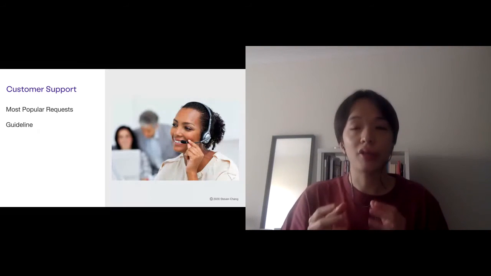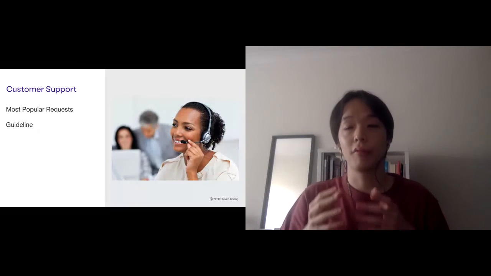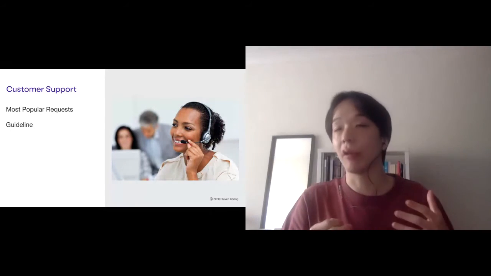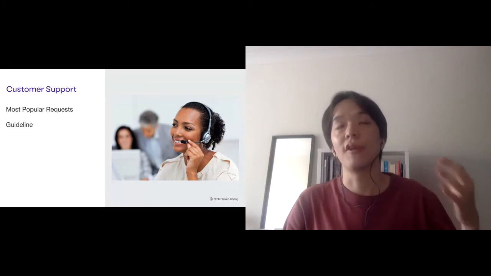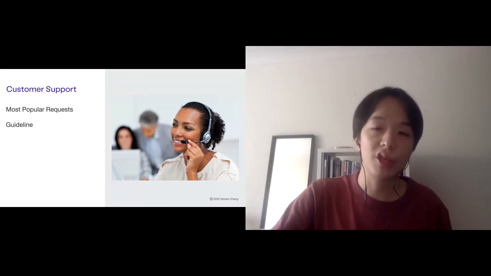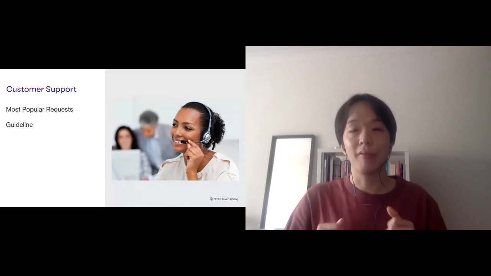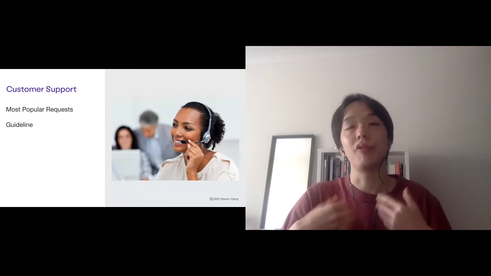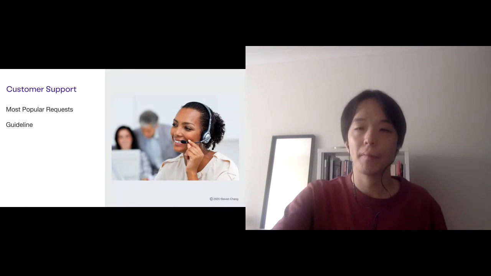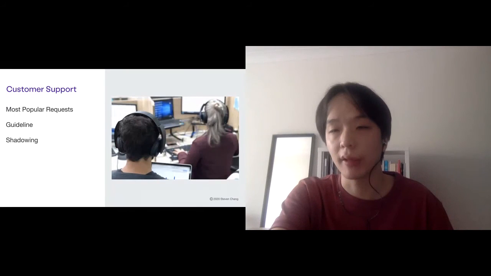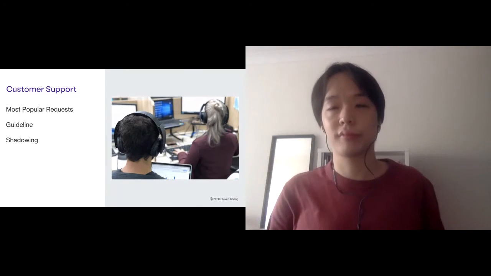So to understand the general guidelines they follow when helping our users will help us understand how the customer support team facilitate questions and conversations, what specific terms they usually use, and what terms users usually reply with. If you want to understand more about the customer support team, there are a few tactics you can use.